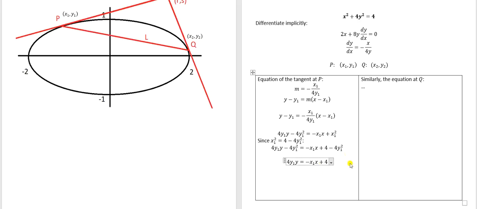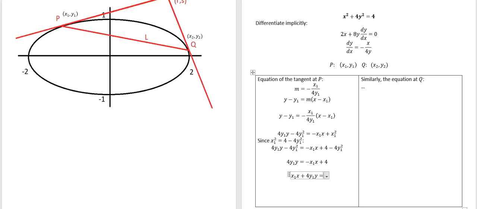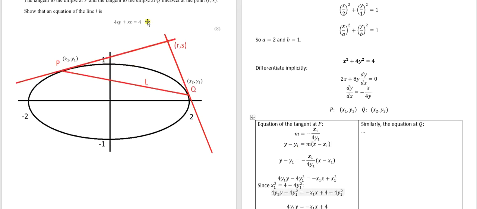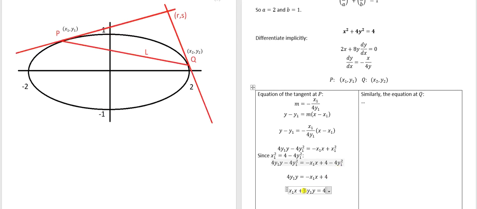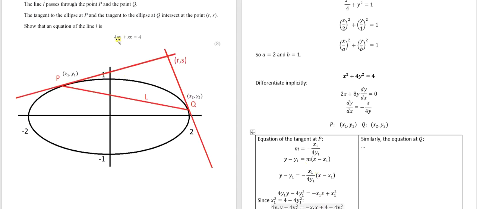And then the other thing we might do is add the x1x term to both sides. And then take a look back at this: 4sy plus rx equals 4. We've got something very similar. In fact, I'm even going to put my x terms after the y terms so that we can see more clearly what's happening.